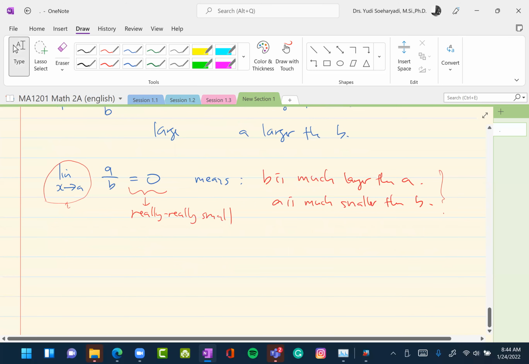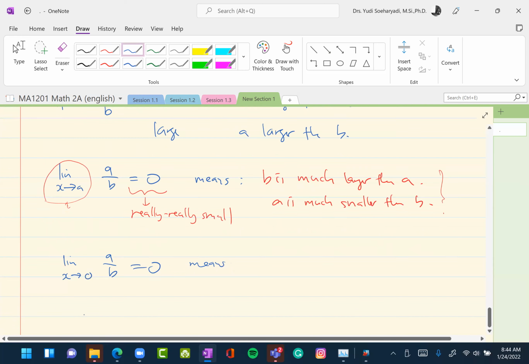All right. So in this case, if you compute something like this, 0, this means A and B are small.